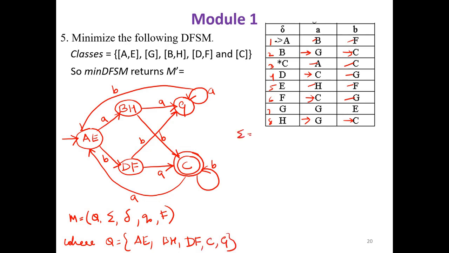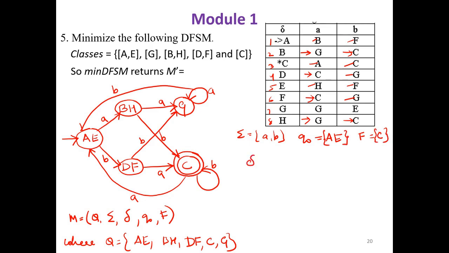Summation is {A, B}. Initial state is AE. Final state is C. And at last we are supposed to write the delta transition.